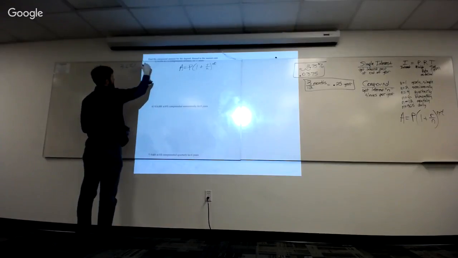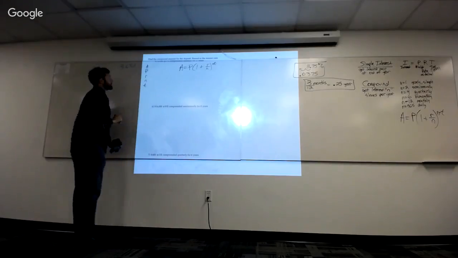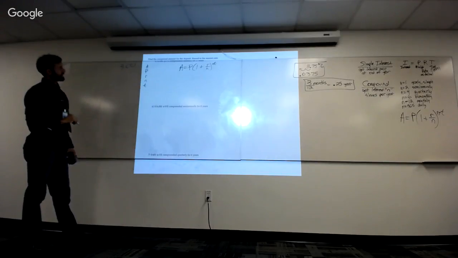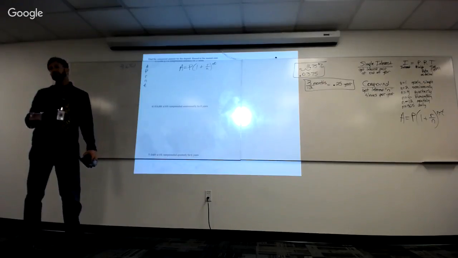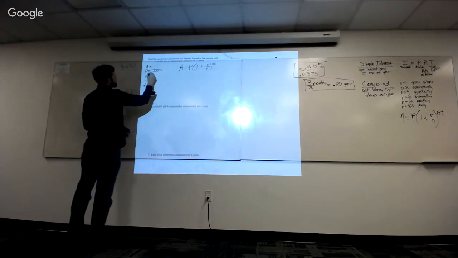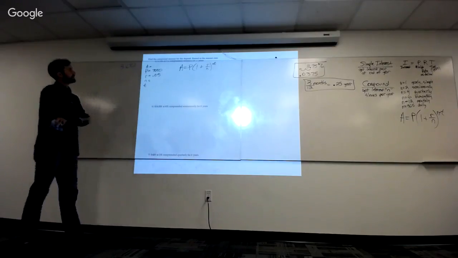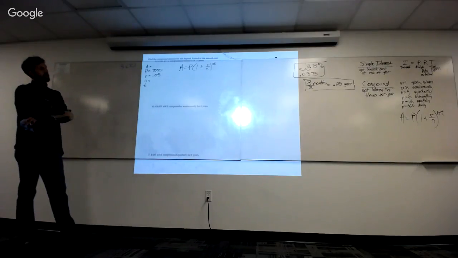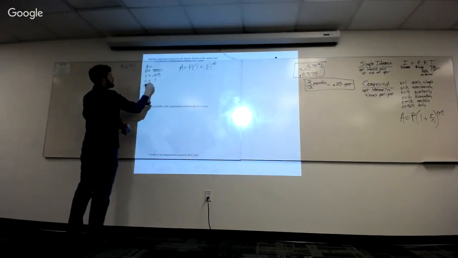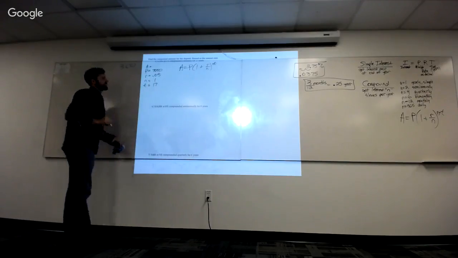You can just write them in order: A, P, R, N, T. So what are we saying about this problem? It says find the compounded amount. That means find the amount at the end. So that's what we're going to solve for. The principal was the 7,000. The rate was 0.05. What's N? 1. Yeah, just 1. It's just annually. And then T is 17.